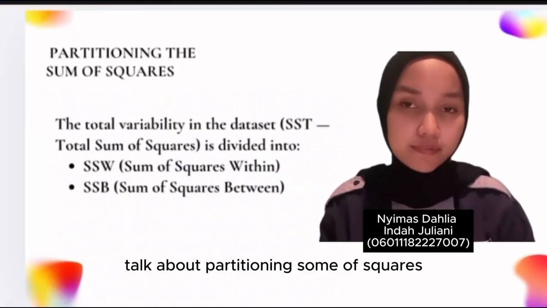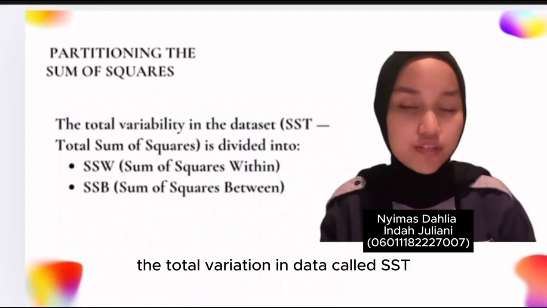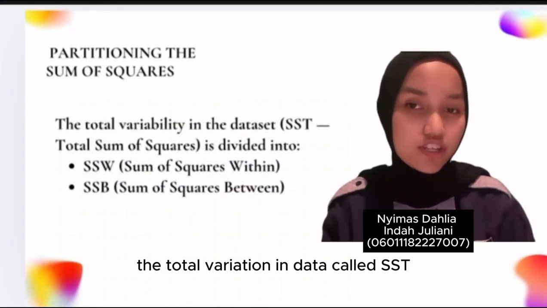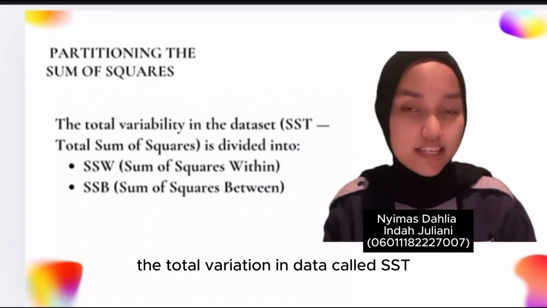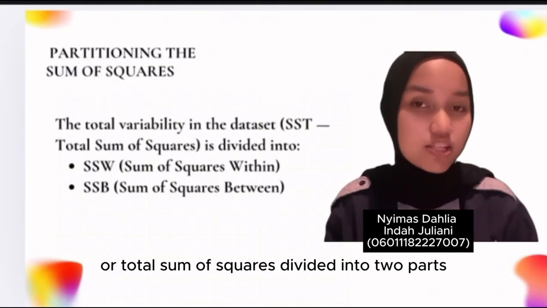Let's talk about partitioning the sum of squares. The total variation in data, called SST or total sum of squares, is divided into two parts.